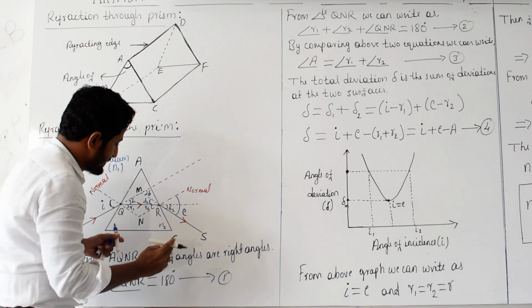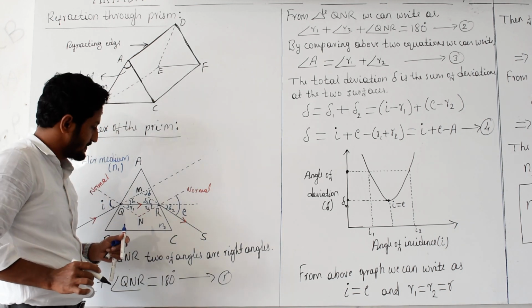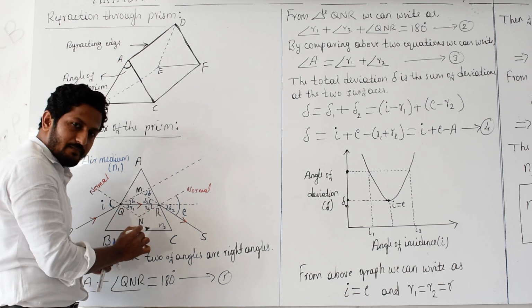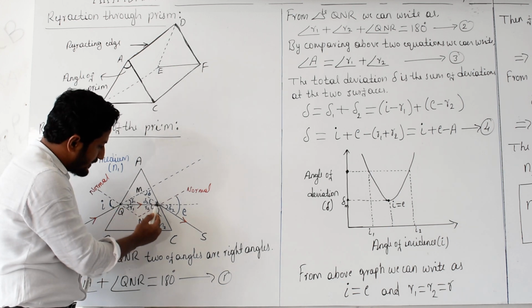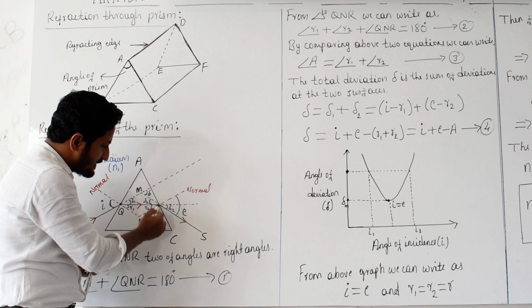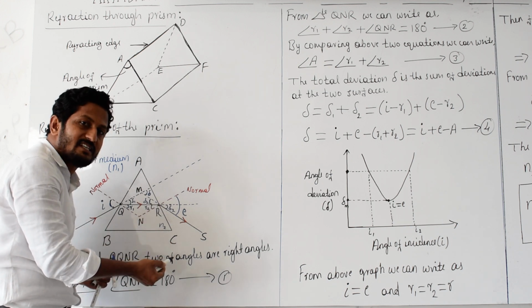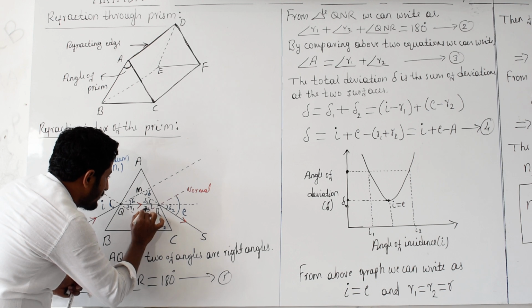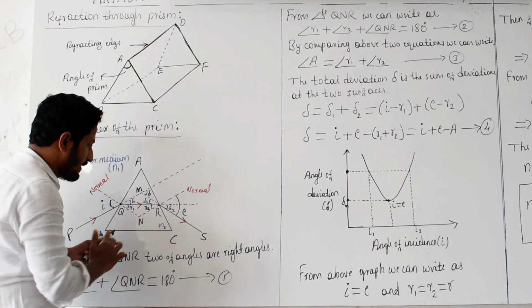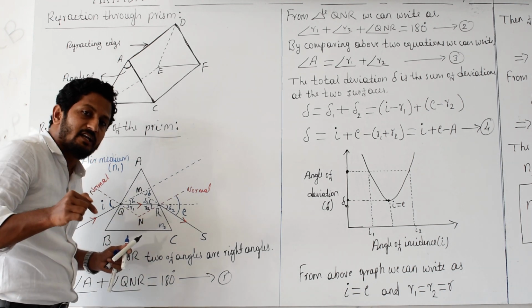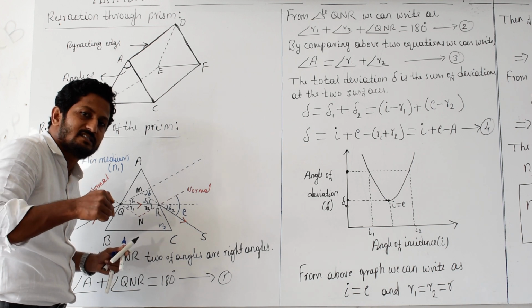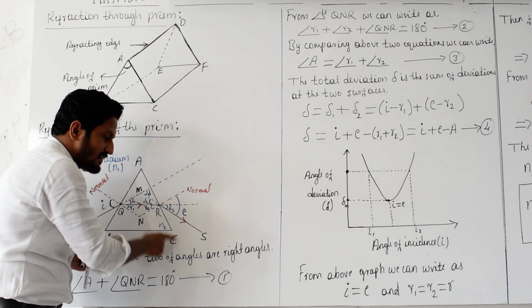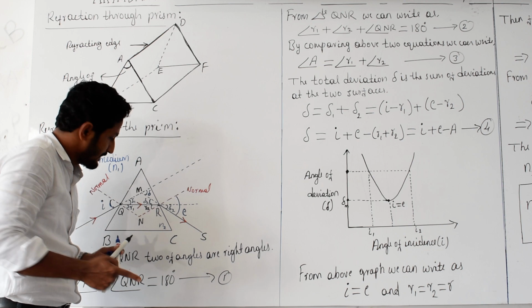Now you see here. QR is the incident light ray to the AC surface. That's why this angle, R2, is the angle of incidence for the second surface AC.